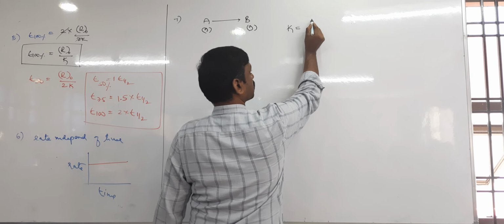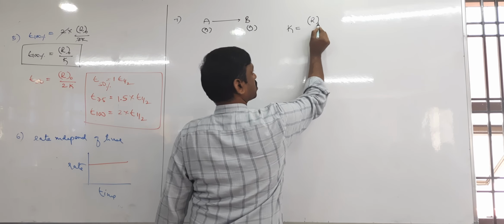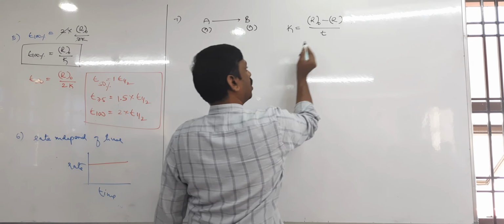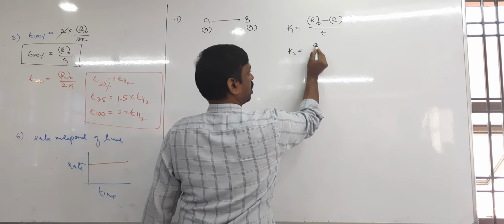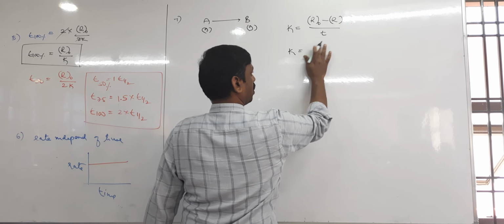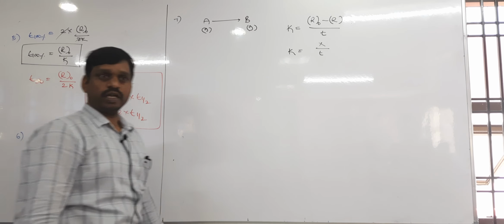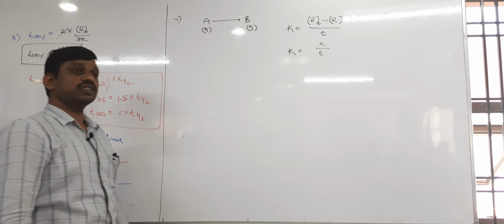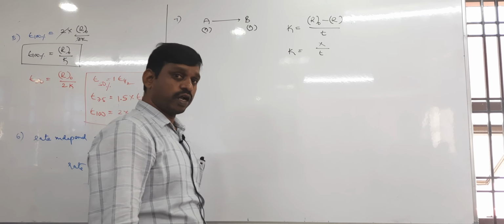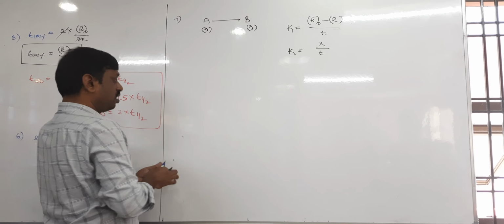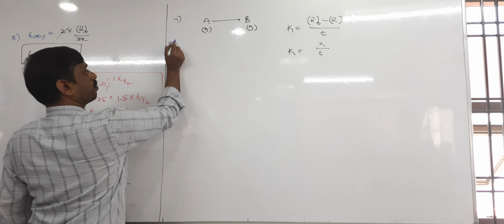K equals R naught minus R divided by T, or else K equals A minus X by T can be taken, no? Where X equals what? Concentration of product.